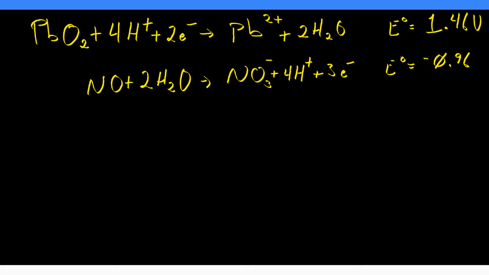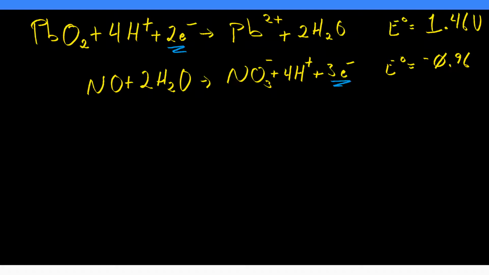Now, note that we have 2 electrons for our reduction and 3 electrons for our oxidation. Just like with balancing a redox reaction, you need to make the electrons disappear, so we are going to have to multiply our 2 half reactions, just like with balancing a redox, okay?